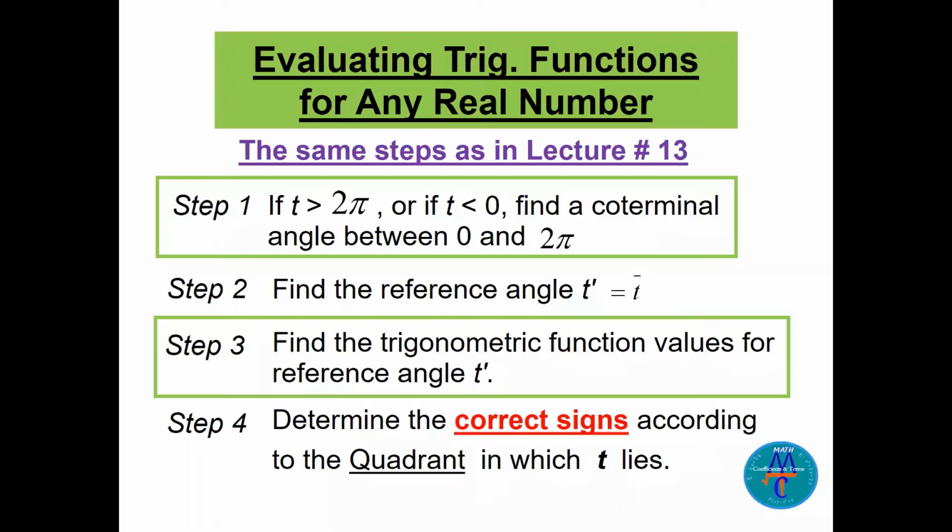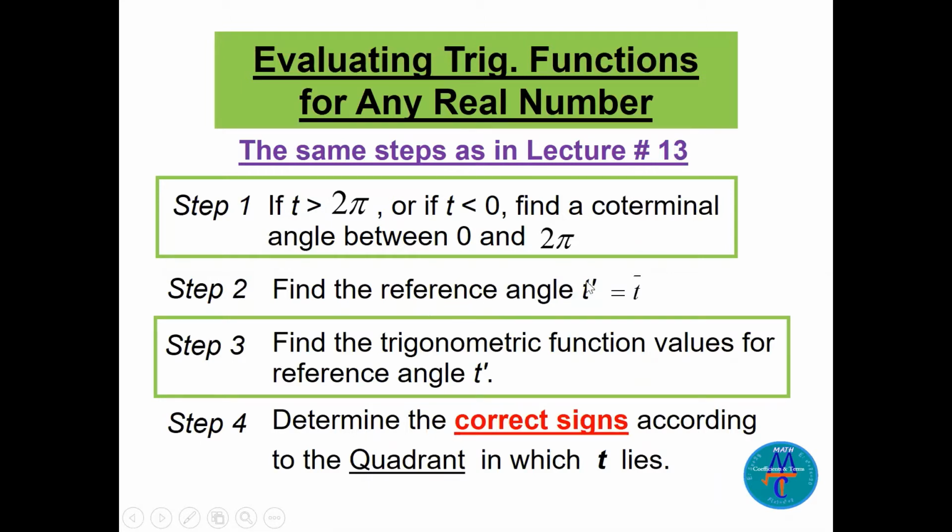Now, if we need to evaluate any trigonometric function for any real number t, we can use the same steps as in lecture 13. If the angle is greater than 2 pi or less than 0, then we have to find the coterminal angle between 0 and 2 pi. After that, it will be in quadrant 1, 2, 3, or 4.